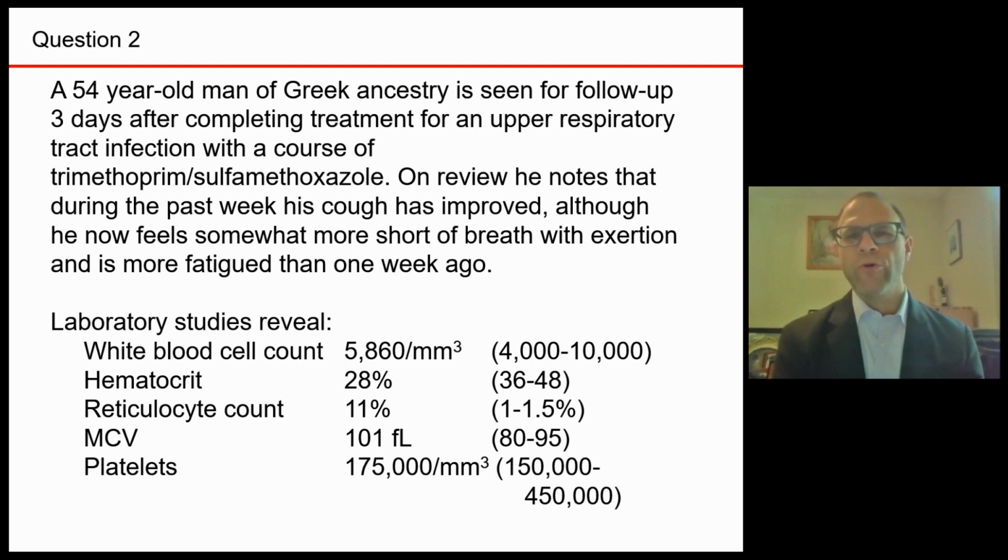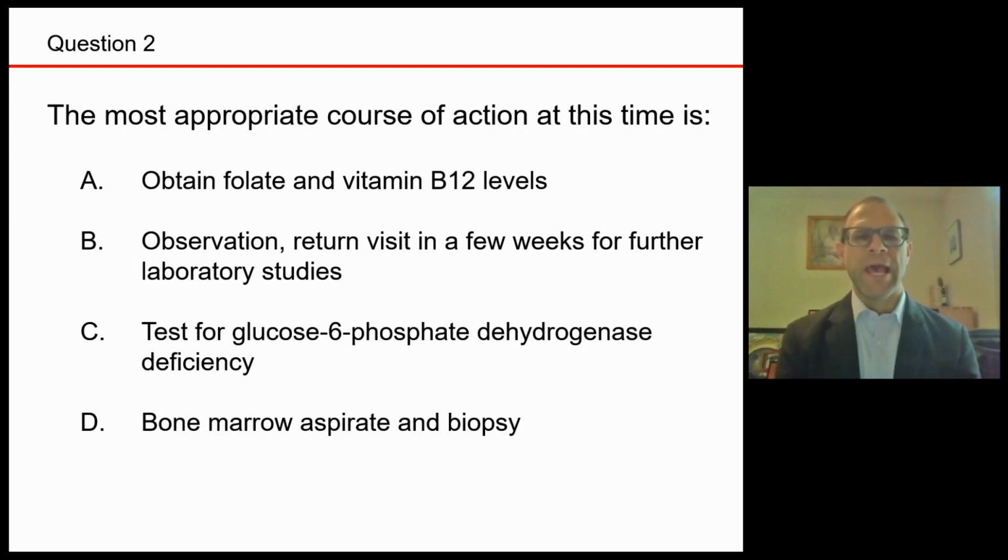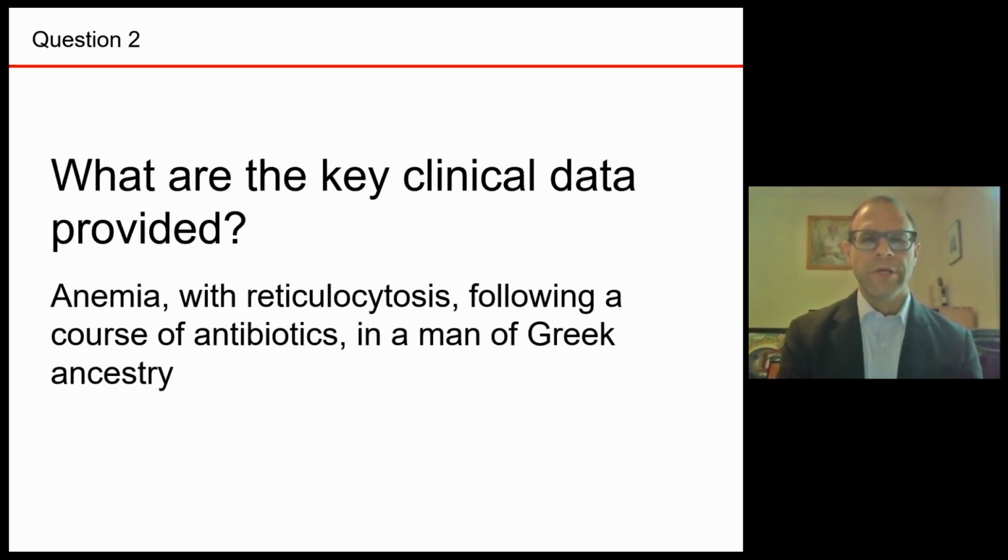The most appropriate course of action at this time is A, obtain folate and B12 levels, B, observation return visit in a few weeks, C, test for G6PD deficiency, or D, do a bone marrow biopsy. What are the key clinical data provided here?